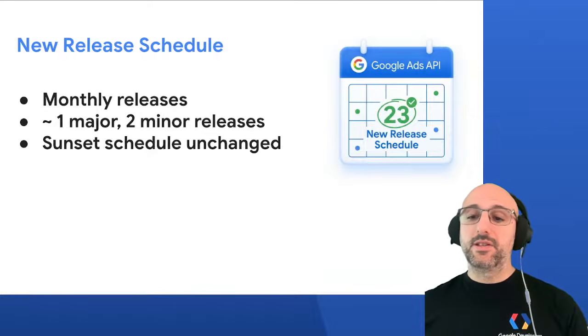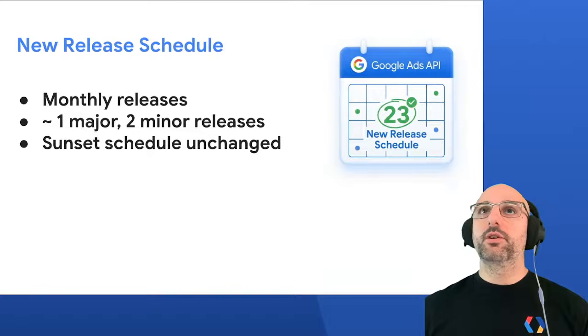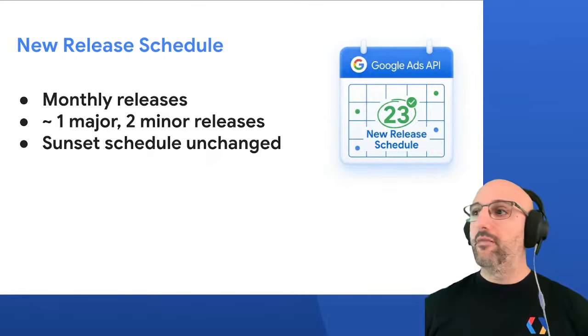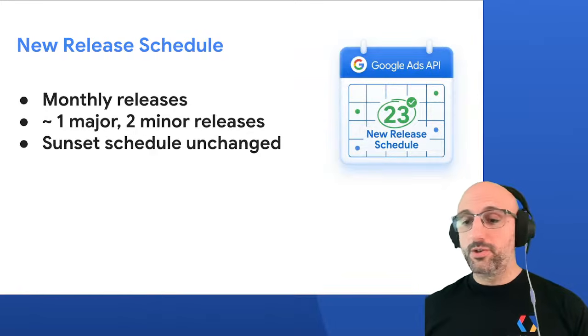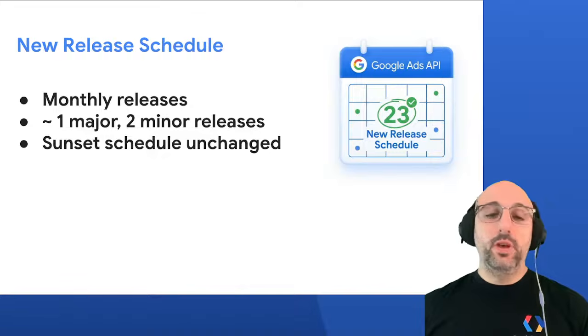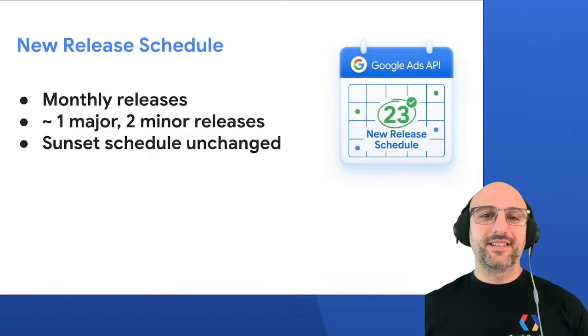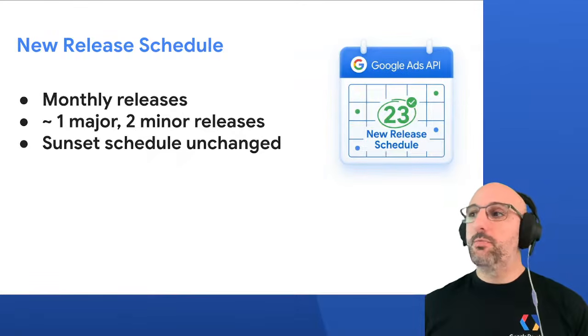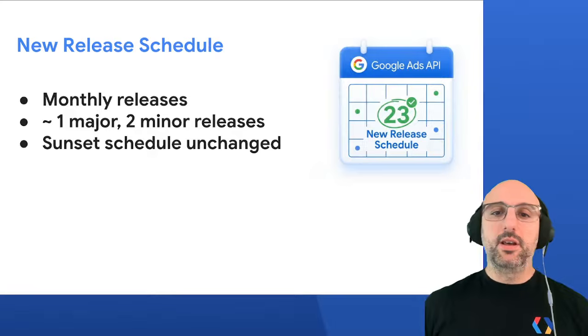This also means that the sunset schedule is not being changed, because one of the concerns we heard from you is having to upgrade to new versions frequently, and we've heard about that, and we are keeping the sunset schedule unchanged. So each major version is going to have the same lifespan as it always had, which is about a year.